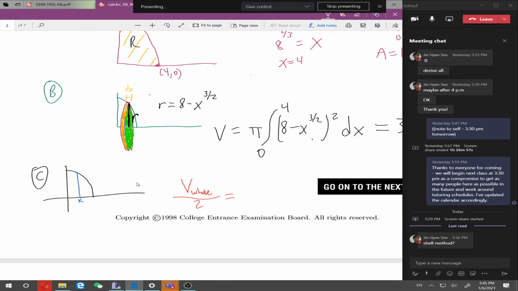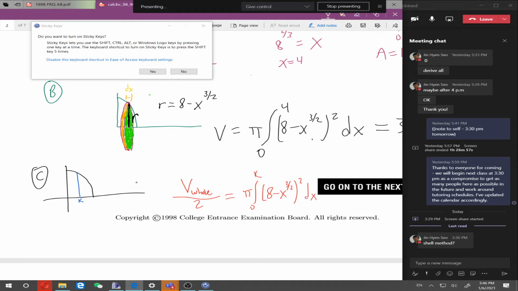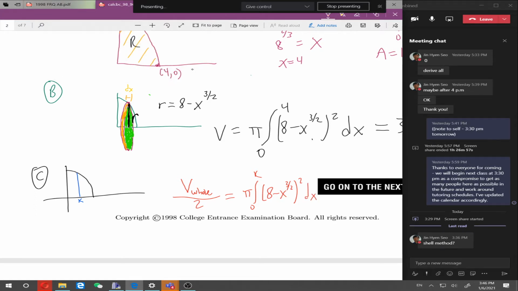Oh, we've already divided the whole by 2, so I want a new equation for just the area from 0 to k. Pi times integral of 0 to k, parentheses 8 minus x to the 3 over 2 power, squared, dx. Looks good. All right. So now we just need to solve this.